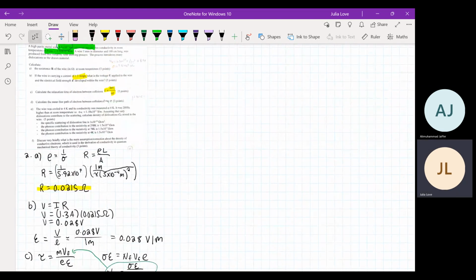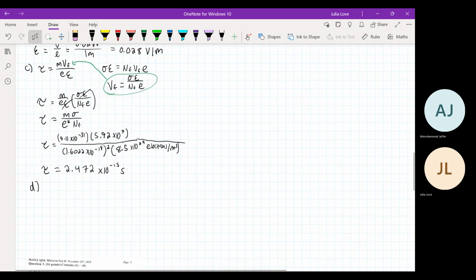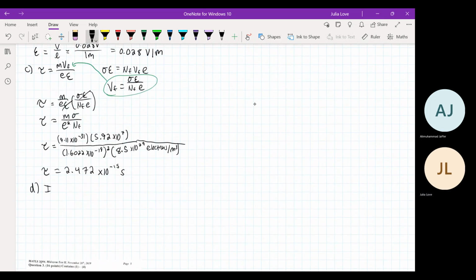And then part D is asking us to calculate the mean free path of an electron between collisions. They also gave us a formula for this. So we know that this formula has to be here.